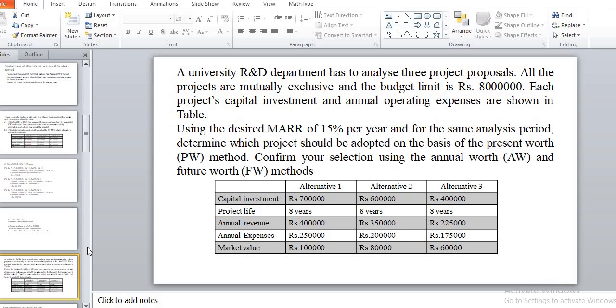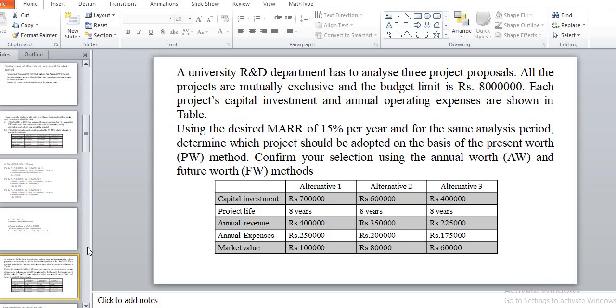Project life is given as 8 years for each project. So it is an equal study period type of example, or equal lifetime type of example. An 8-year lifespan is given for each project, which is equal for all projects.